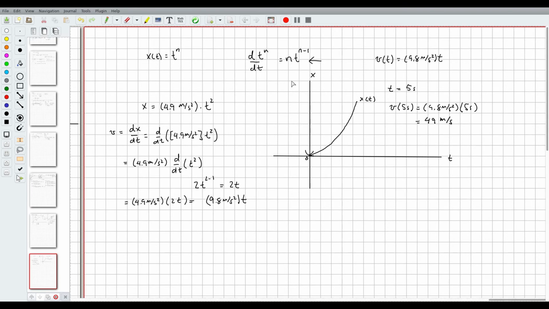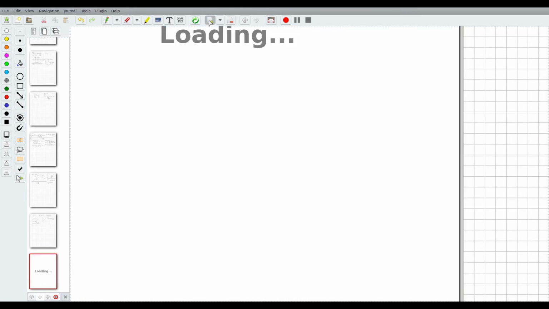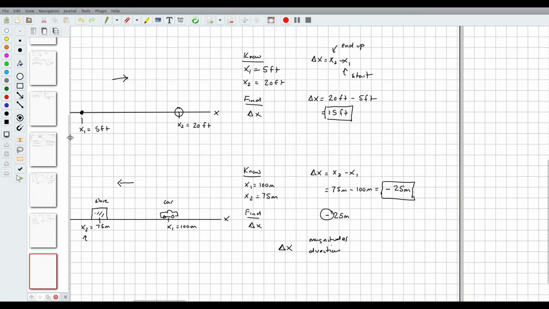And if you want to be consistent with significant digits, 1 sig fig here, which means that this would be about 50 meters per second. Okay. But the important thing to see here is that now you can ask the question, what is my velocity at any given time at all? So this is an instantaneous velocity. Okay. Now, we'll come back, like I said, to those later on.